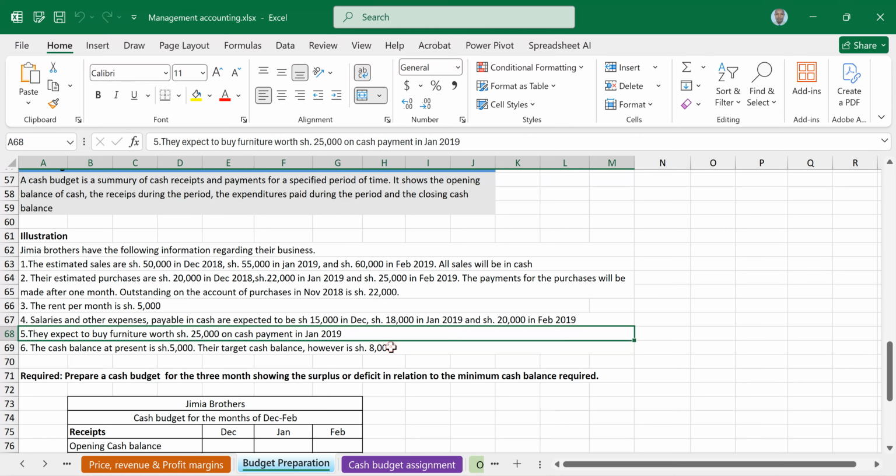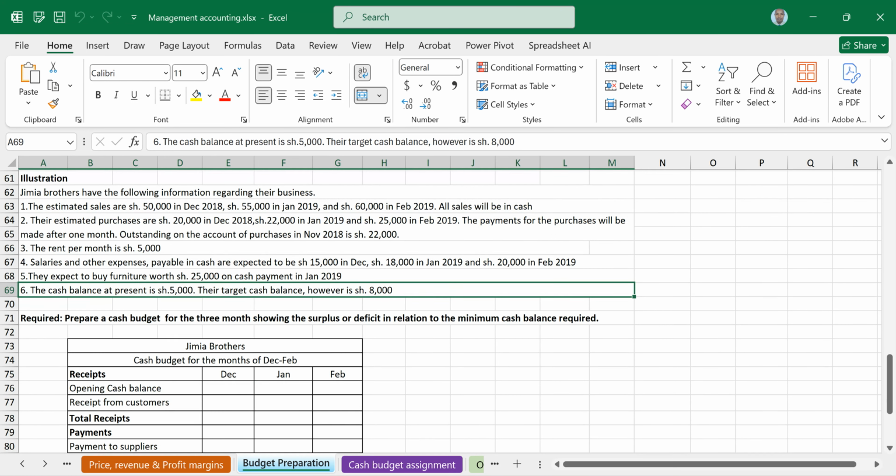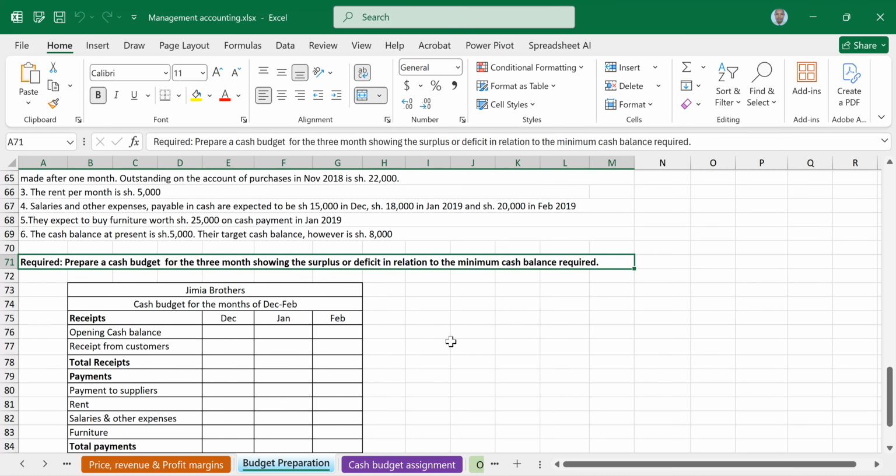So this means that the target cash balance is 8,000, but the opening cash balance for the moment is 5,000. Required: prepare a cash budget for 3 months showing the surplus or deficit in relation to the minimum cash balance required.